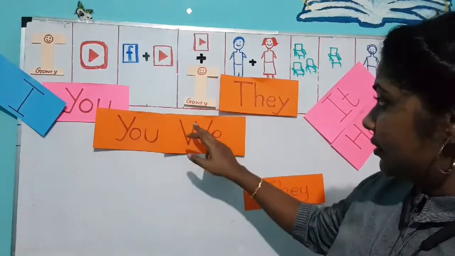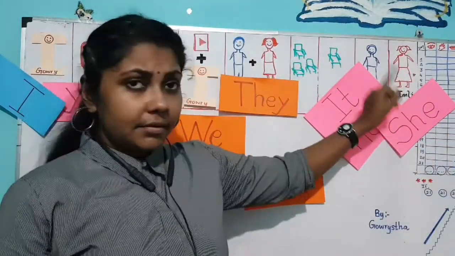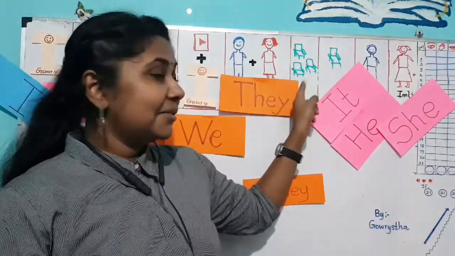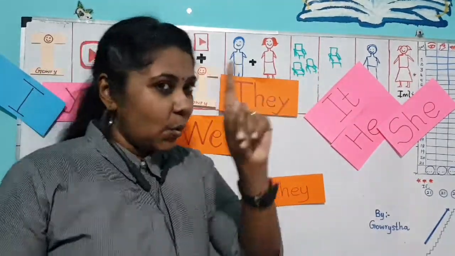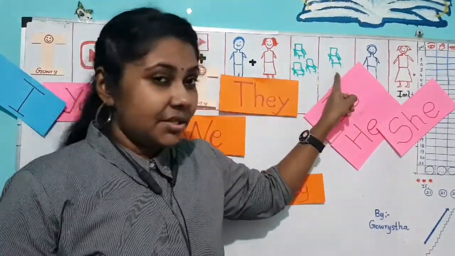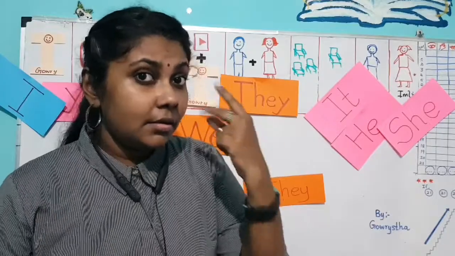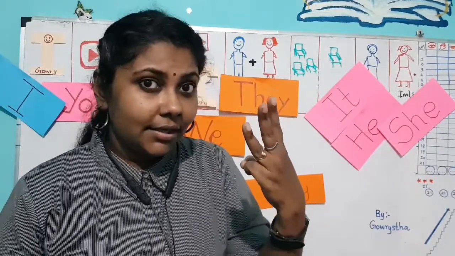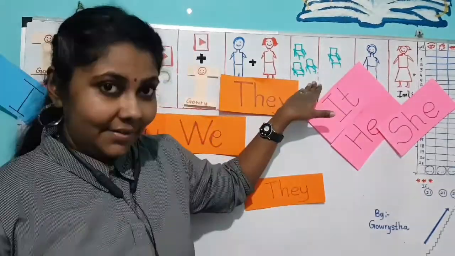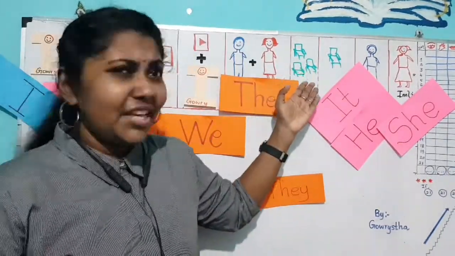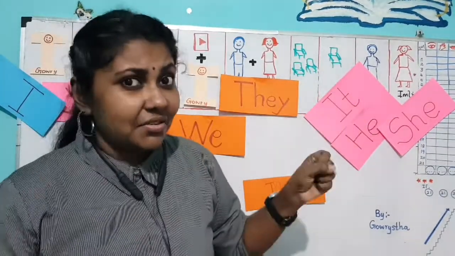Correct. Good. They. One. It. Chair. It. They. They are in the kitchen. Okay.